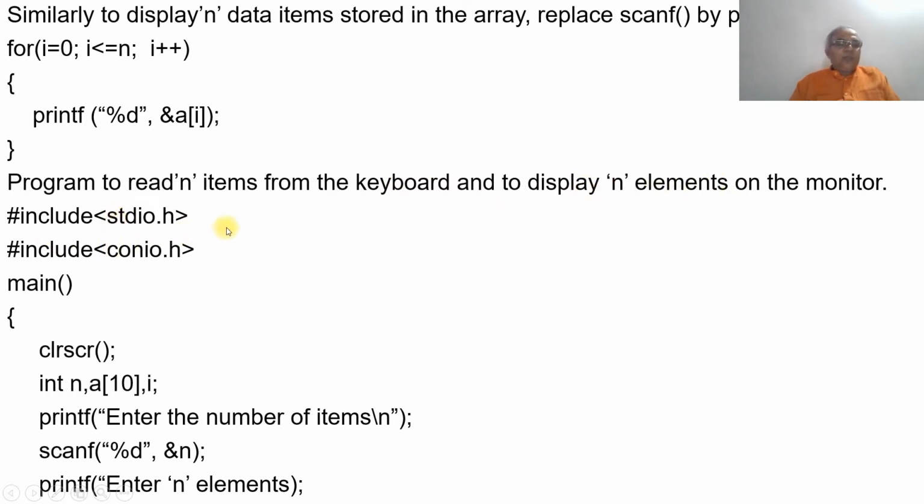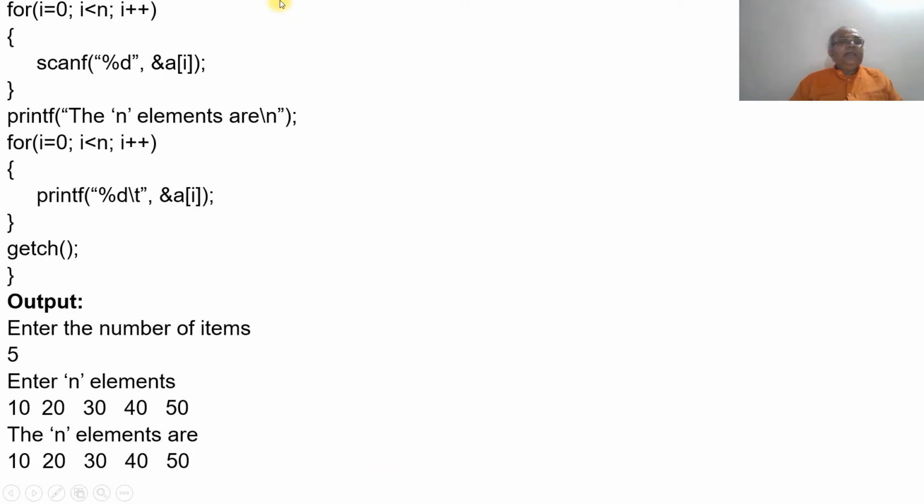So include stdio.h, include conio.h. Then we have a main function, then clrscr to clear the screen. Then we declare the variables n, A, an array of 10 elements, and i. Printf enter the number of items, then scanf to read that number, then enter n elements. For i equal to 0, i less than n, i++, open the parenthesis and scanf("%d", &A[i]).